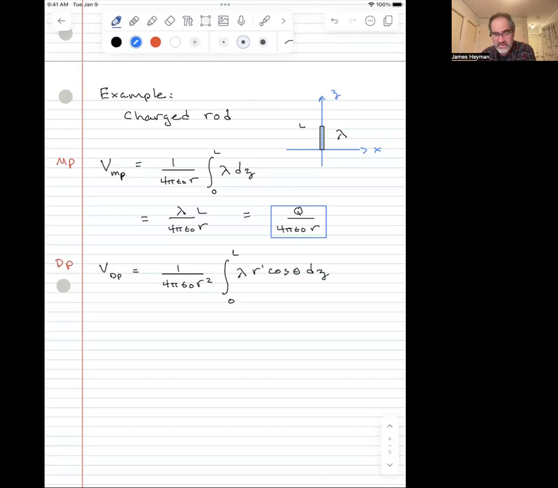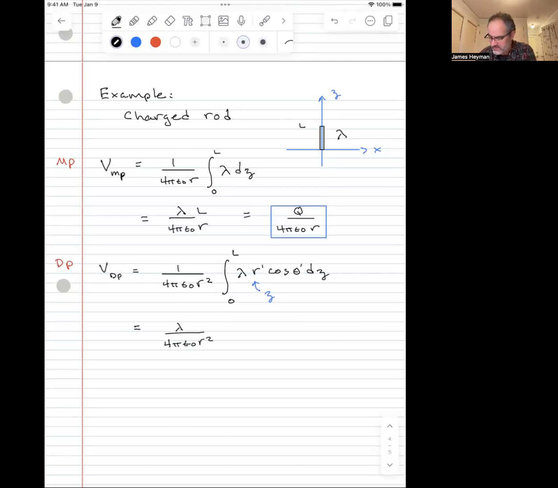Notice that as we integrate over this path, r prime is just equal to z. Okay? So this becomes just lambda over 4 pi epsilon naught r squared, and then we have our other terms.